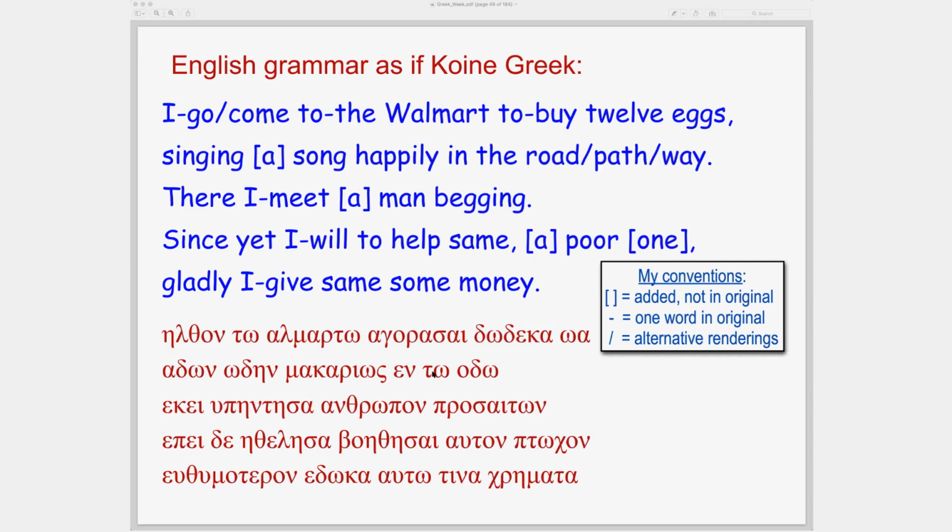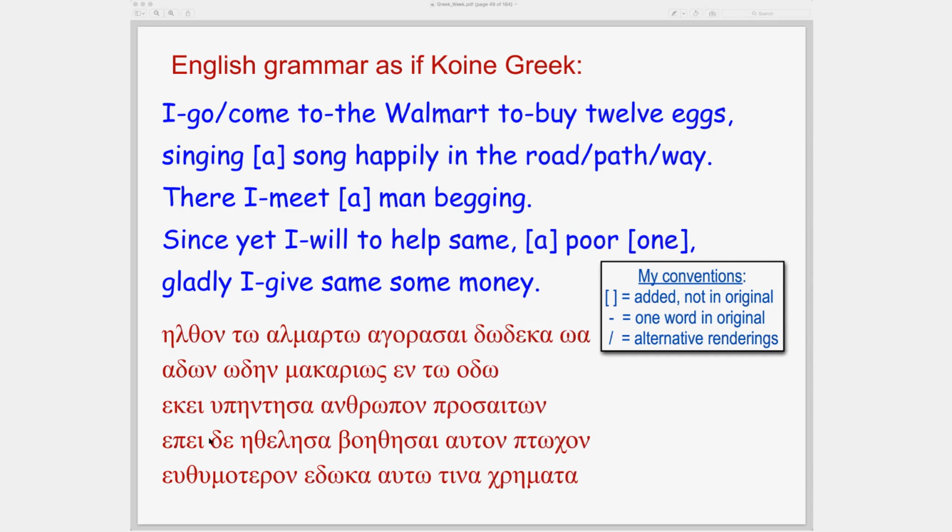Okay, the omega character is the dative case inflection of Walmart. Okay, so to buy 12 eggs, singing song happily in and to the odo, road or path or way.